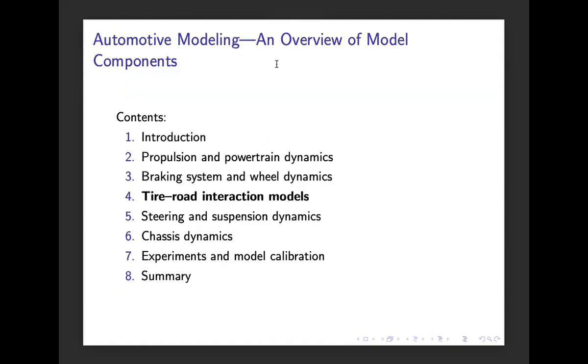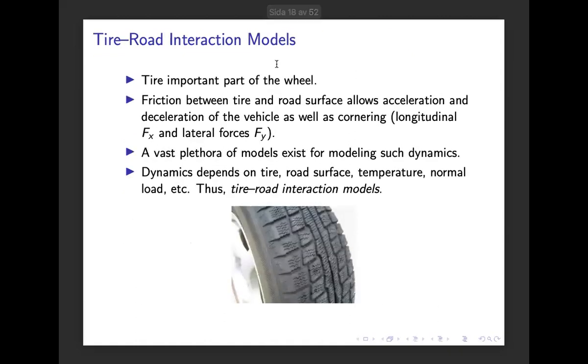Okay, so before making a short break, I would like to also discuss tire-road interaction models, because it's very much related to the wheel modeling. The tire is, as we know, a very important part of the wheel, because that's where the contact between the wheel and the road surface is.